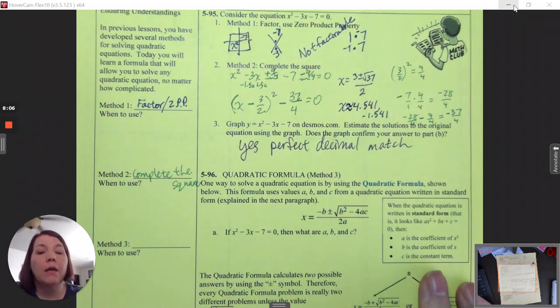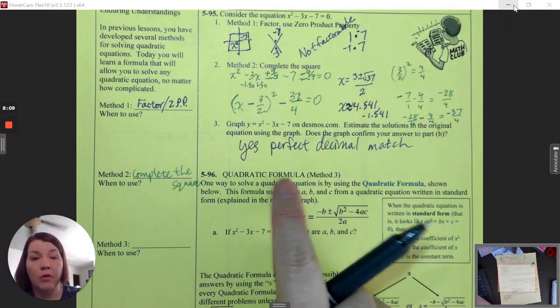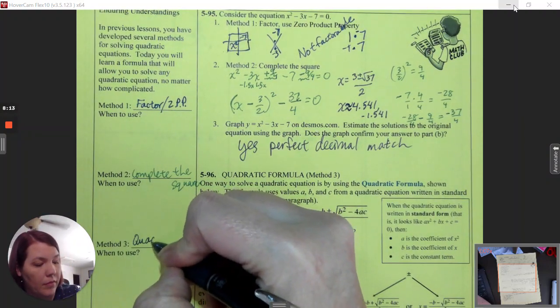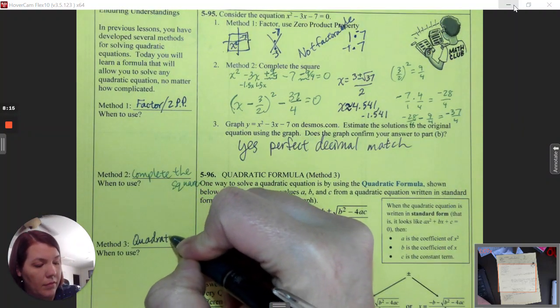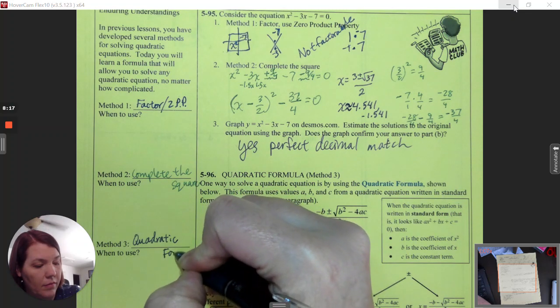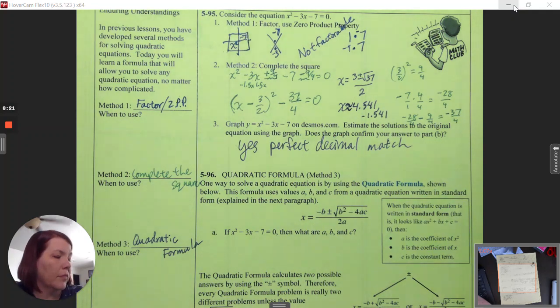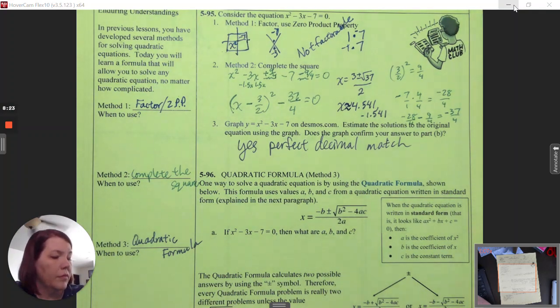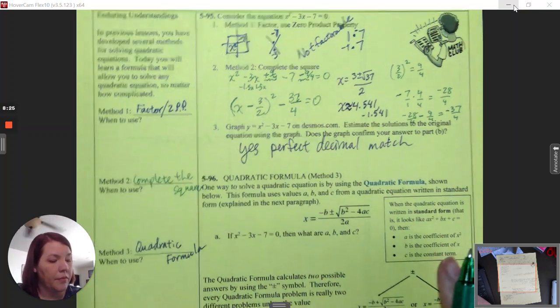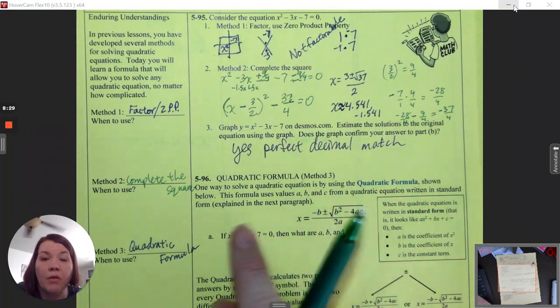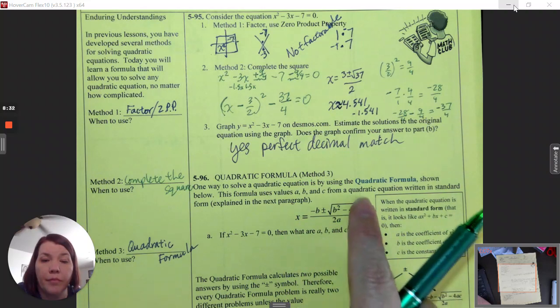Okay, so here's our new method. It's called the quadratic formula. I'm going to go ahead and write that down here. All right. So, one way to solve a quadratic equation is by using this thing called the quadratic formula, which is shown right here.